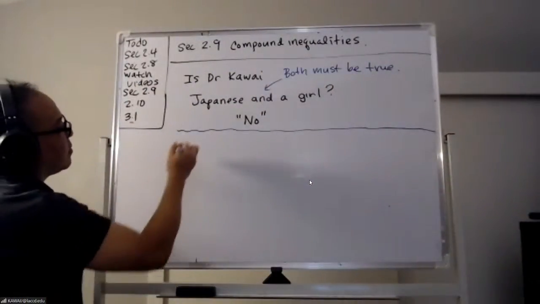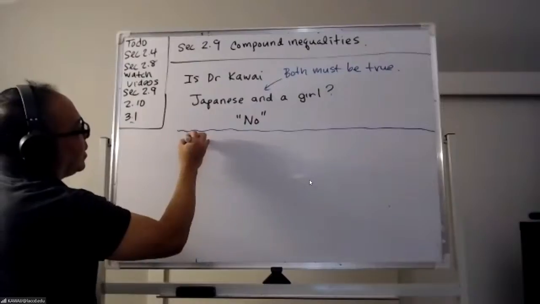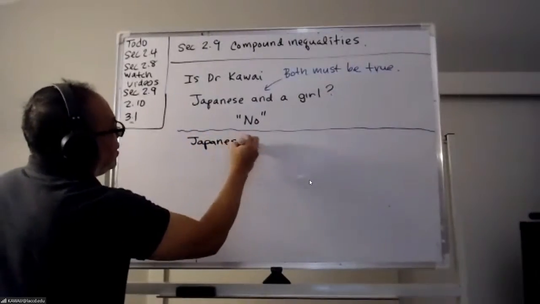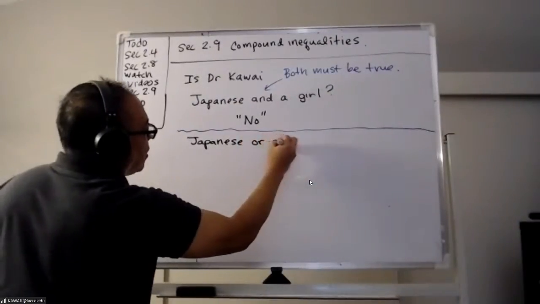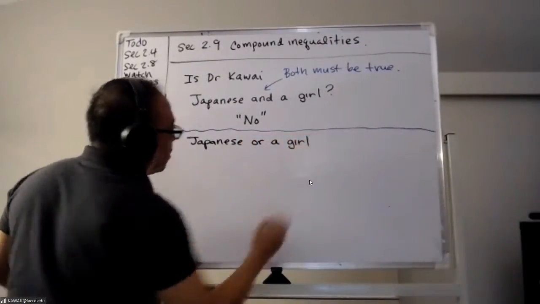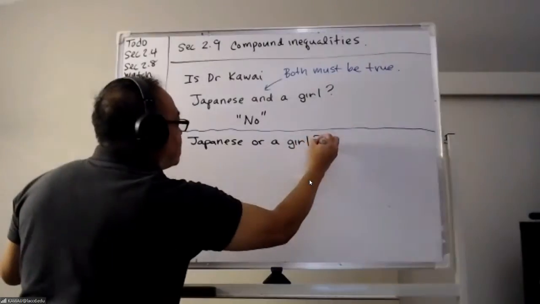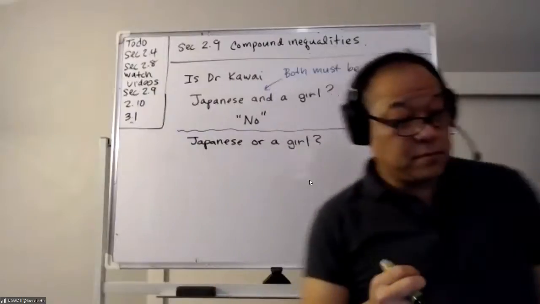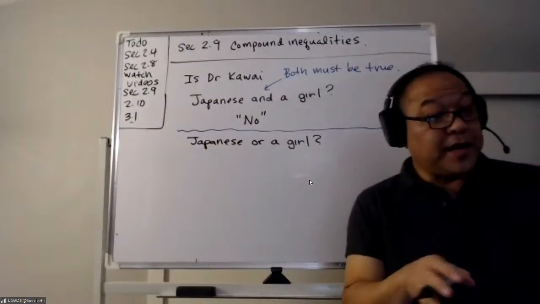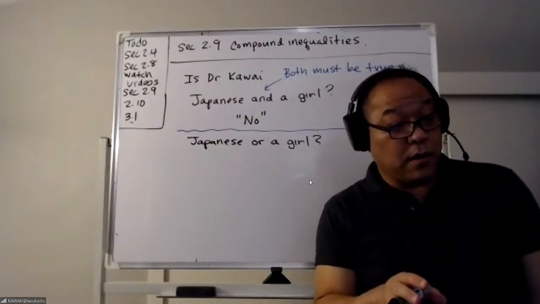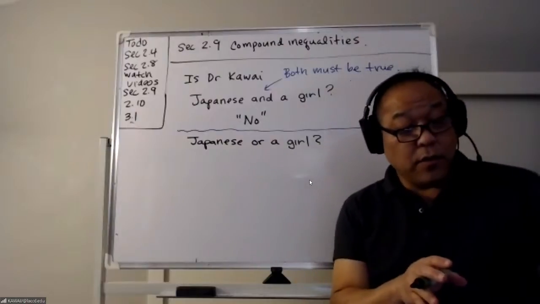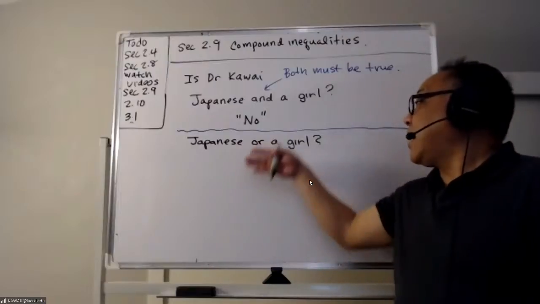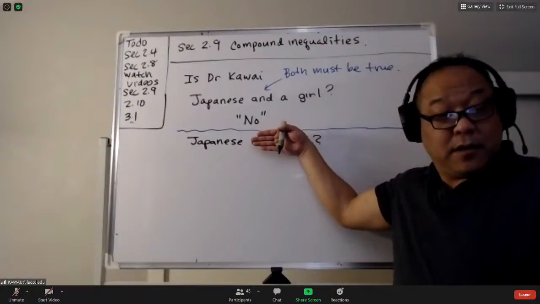Okay, let's ask this question. Is Dr. Kawai Japanese or a girl? Right, so am I Japanese or a girl? So I'm Japanese, which means that I can ignore this part.